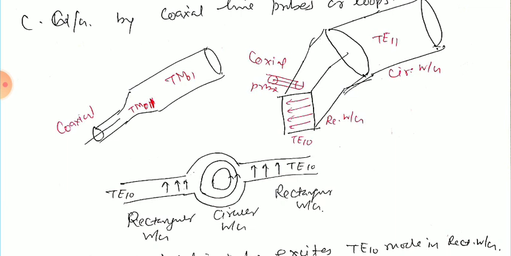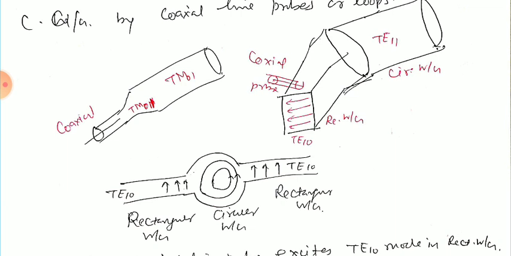Here we have discussed three techniques. Number one, in the first figure, the coaxial probe is there, by which the TM01 mode can be excited in this circular waveguide.